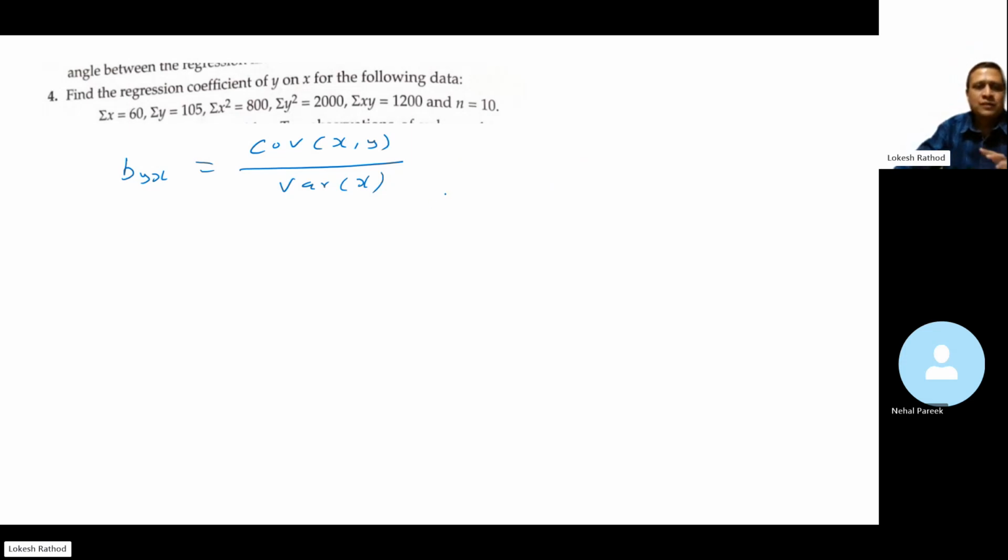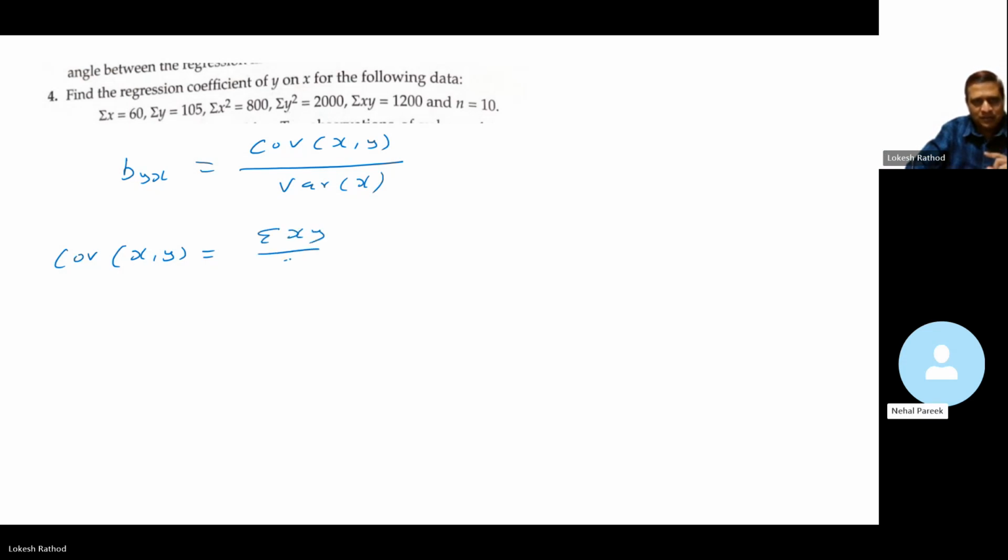So first you find covariance of xy. What is the formula of covariance of xy? Give me the formula based on the given information. We were having two formulas. This one is sigma xy over n minus sigma x over n into sigma y over n.